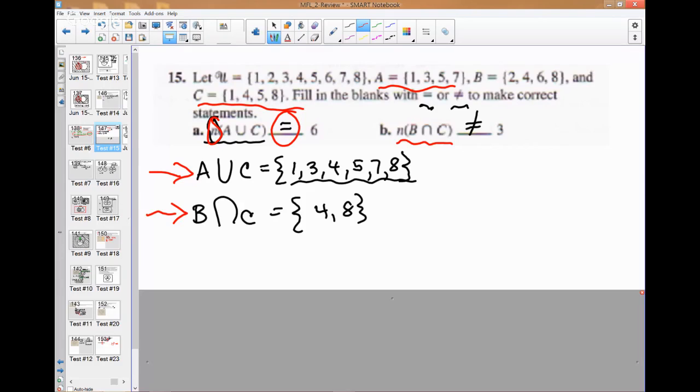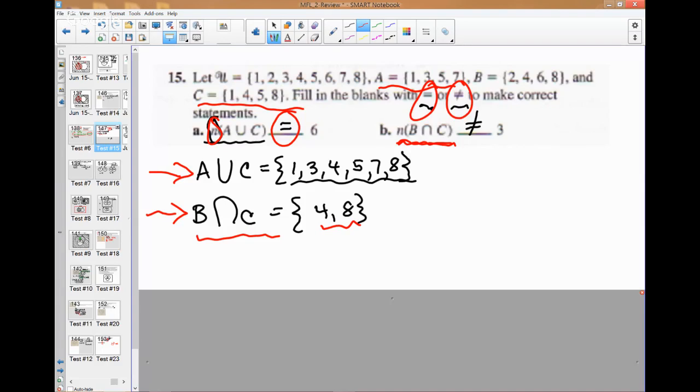So on part B, we're supposed to answer by putting an equal sign or a not equal sign in the blank to make the statement true. In order to find the number of elements in B intersect C, the first thing I have to do is find B intersect C. So I look up here, what's in common between sets B and C. I can see we have a 4, and it looks like the only other one is an 8.